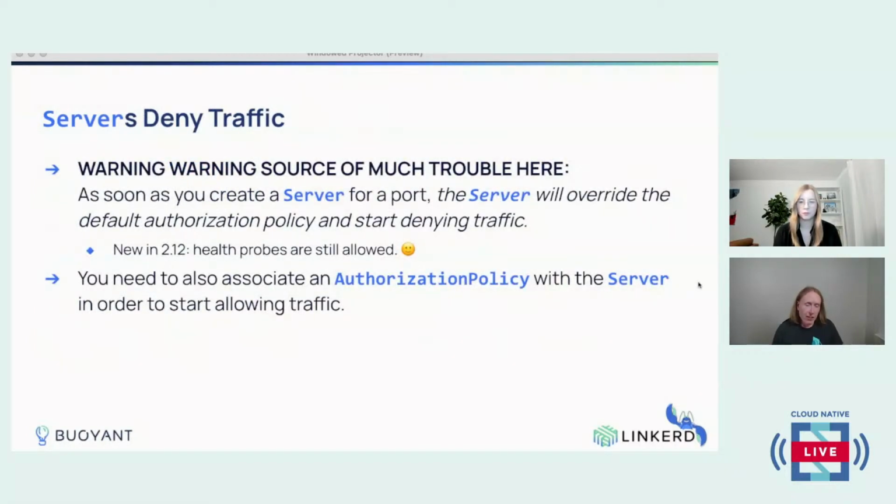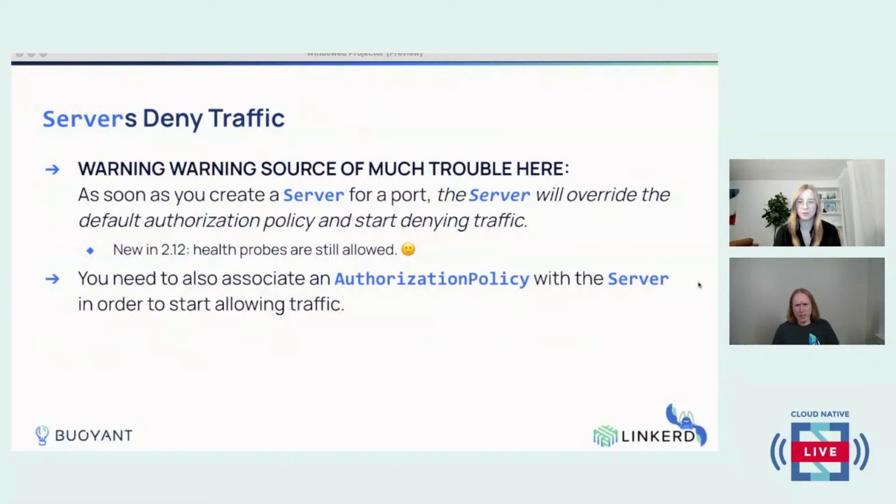Another thing that often gets people into trouble: the moment you create a server, that server overrides the default policy to deny, with the exception in 2.12 that health probes will still be allowed if they're defined in the workload. This means that as soon as you create a server, you must also create an authorization policy that you associate with that server in order to start allowing traffic.